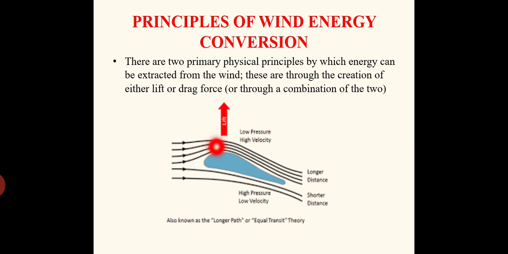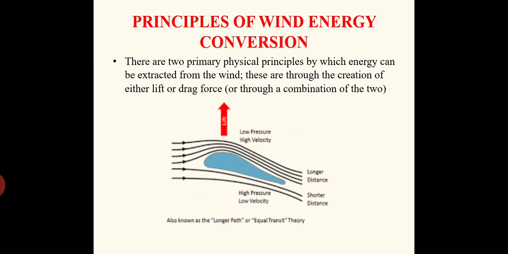At the upper part of the aerofoil shape, we will experience a low pressure, whereas at the lower part, since the velocity is less, the pressure will be more compared to the upper part. So a pressure difference is created from the lower part to the upper part. The upper part has low pressure, whereas the lower part has high pressure. This difference in pressure causes a force, which is known as the lift force.